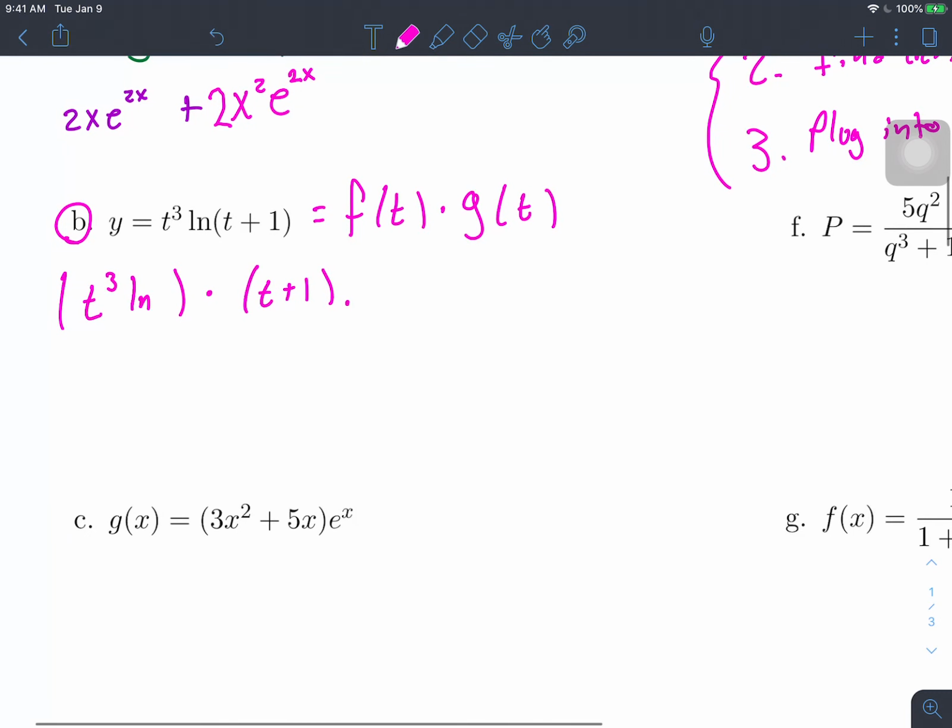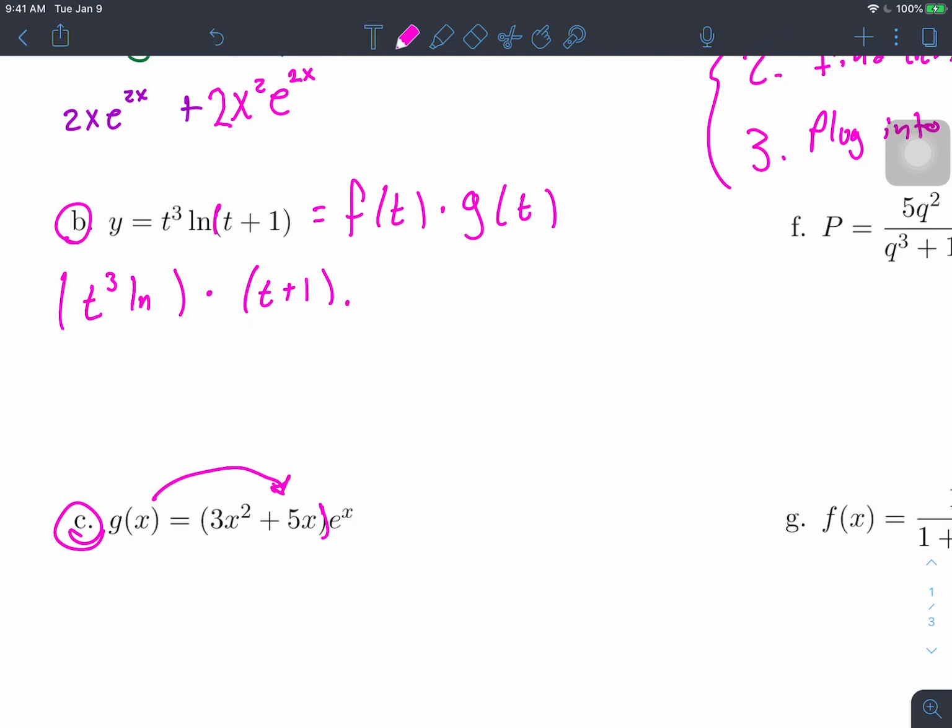For example, in part C, if we come down and look at this problem, when we see these parentheses ending, what it really means is we take whatever's inside the parentheses and multiply times e to the x, right? So these parentheses mean to multiply. We should distribute this e to the x.